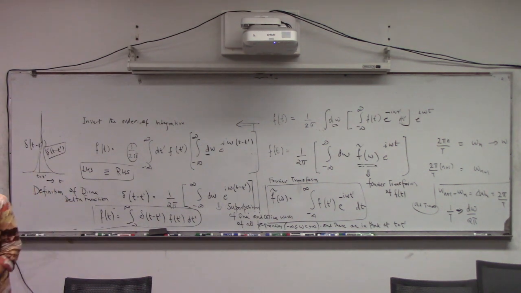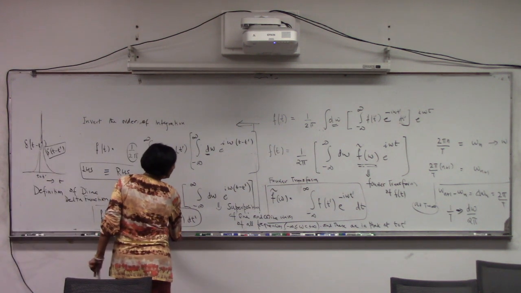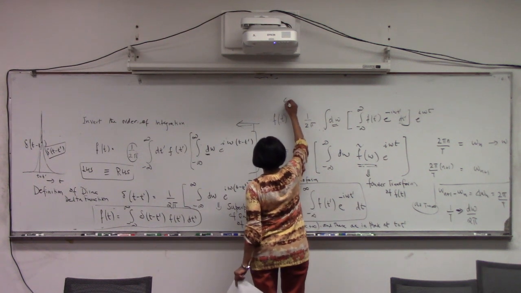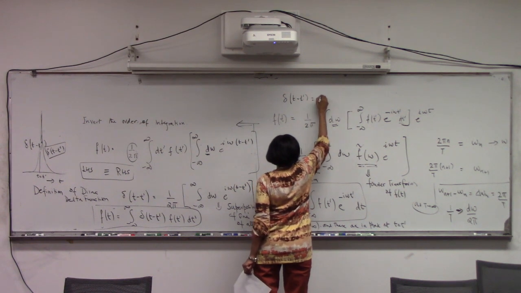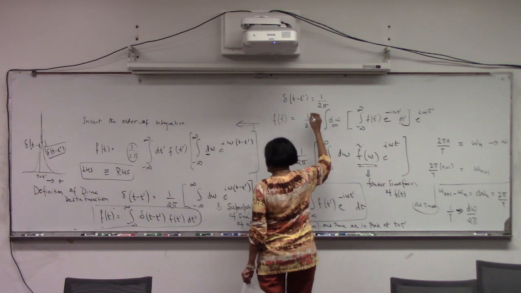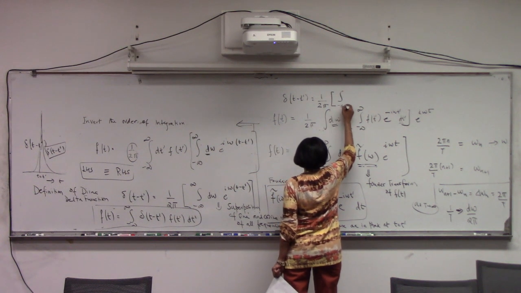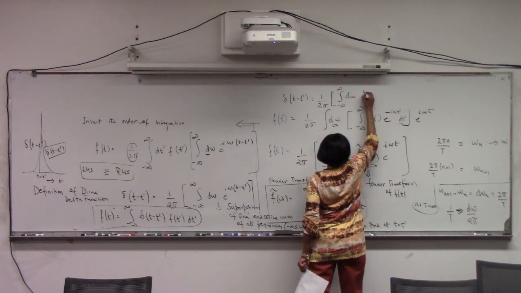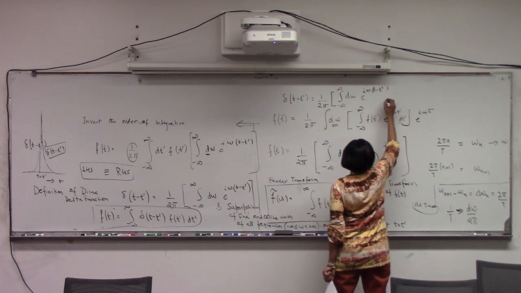All right. So let us keep this definition of the Dirac delta function for a moment. I'm going to write down all that also maybe. So we integrate over omega.